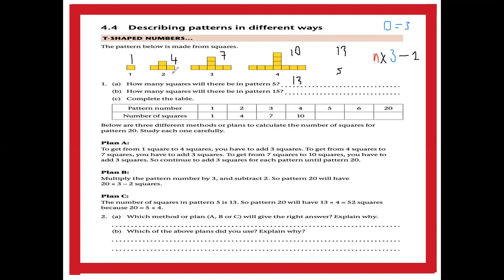Then for the second term, we would have 2 times 3, which gives us 6 minus 2, which gives us 4. So then we can substitute 15 in here to find out how many squares will be in pattern 15. So we have 15 times 3, which gives us 45 minus 2, which gives us 43.